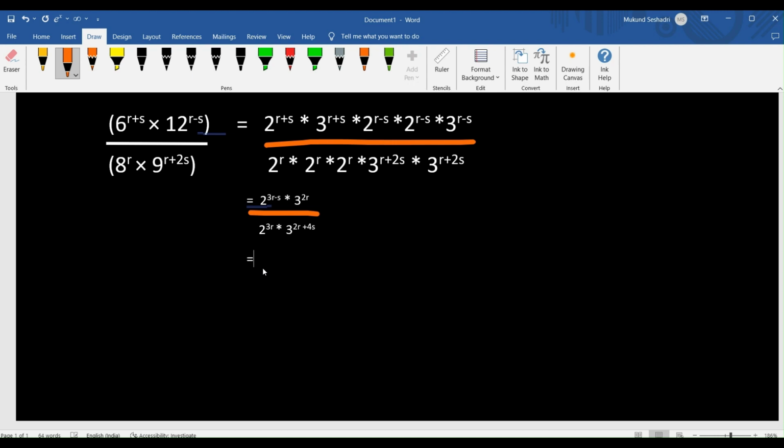Now I use the formula 2 to the power a minus b is nothing but 2 to the power a divided by 2 to the power b. So I can write my 2 to the power 3r minus s as 2 to the power 3r, and I'm going to copy this, folks, into 3 to the power 2r, and my 2 to the power minus s goes to the denominator, right?